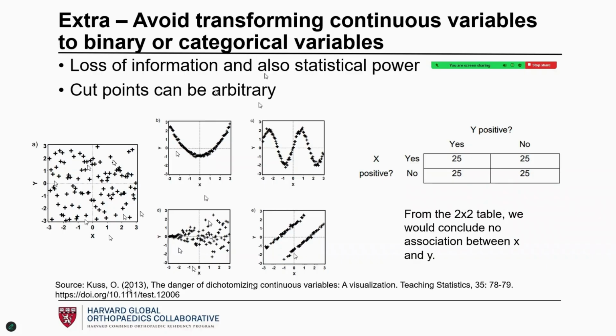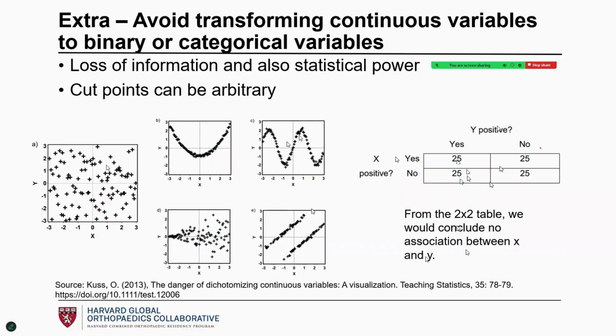However, when you use the mean of x and the mean of y as cut points to turn your variables into binary variables, you get exactly the same 2 by 2 table, with 25 observations in each cell. If you were to ask whether there is any relationship between x and y, you would conclude that there is no association between x and y.